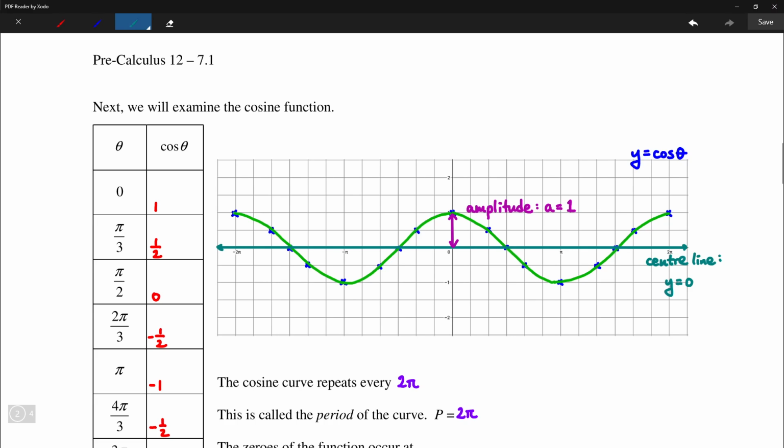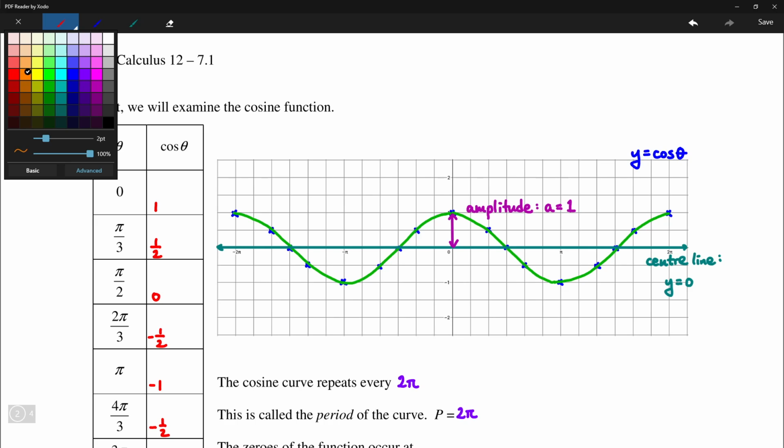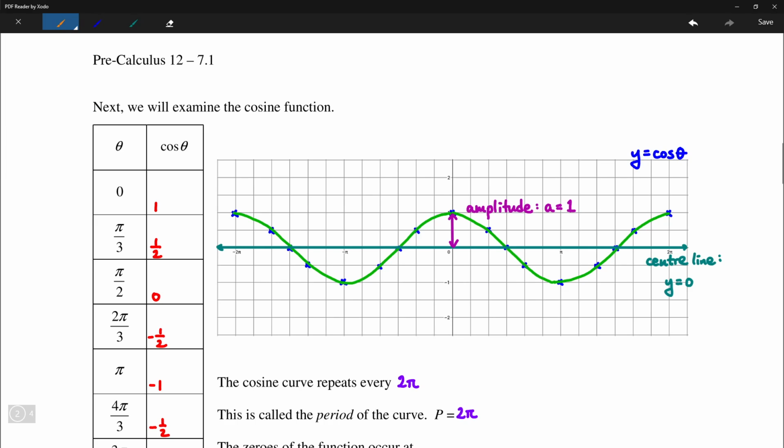So let's look at the zeros of this function. We actually have here, this is pi over 2, and then again at 3 pi over 2, negative pi over 2, and then negative 3 pi over 2.